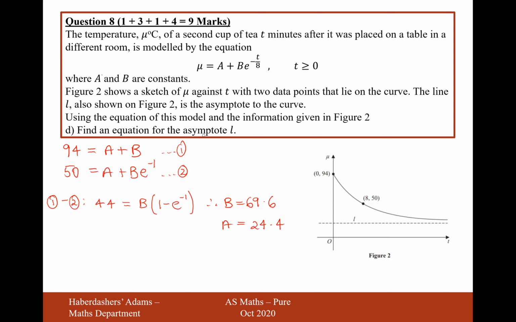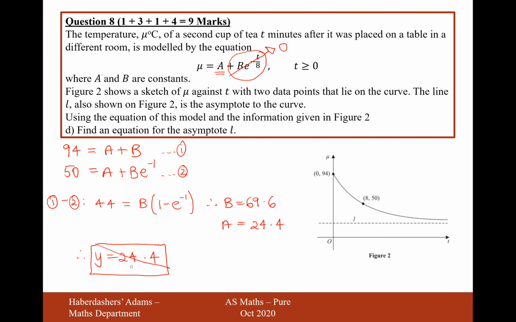So therefore the equation of the asymptote L is going to be, well, actually a is just the asymptote of L, so therefore it's going to be y = 24.4. That would be the lowest value. What will happen here is effectively as t gets bigger, this part of the expression here will tend towards 0, so it's just actually what we have remaining for a.